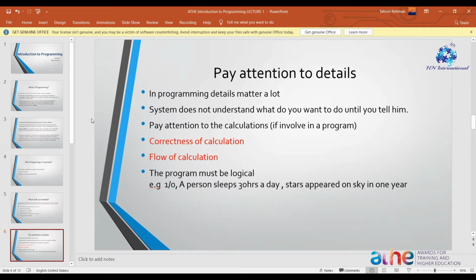So you should pay attention to the calculations if they are involved in a program. If you are creating a basic calculator, you are using different executions of math formulas, so you should pay attention to the correctness of calculations and the flow of calculations.